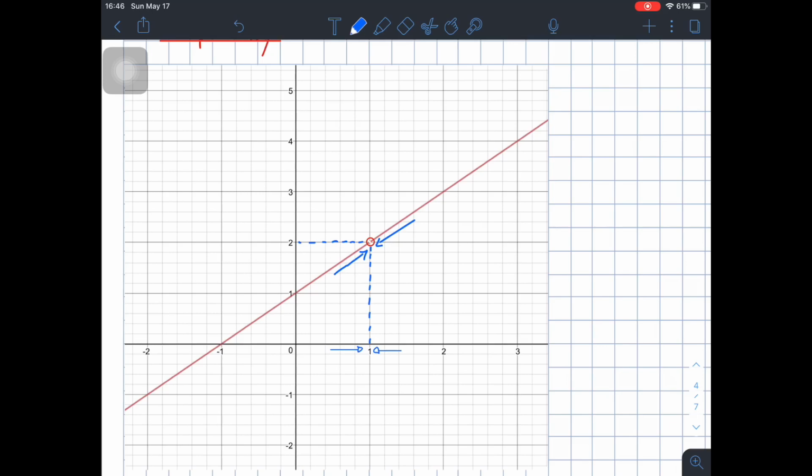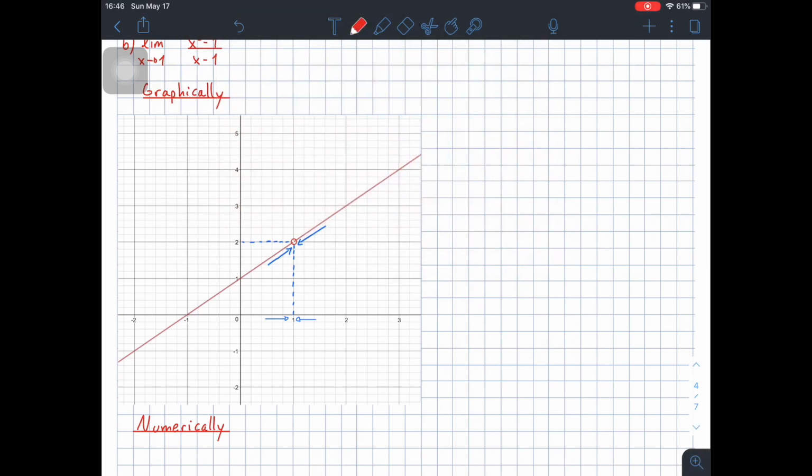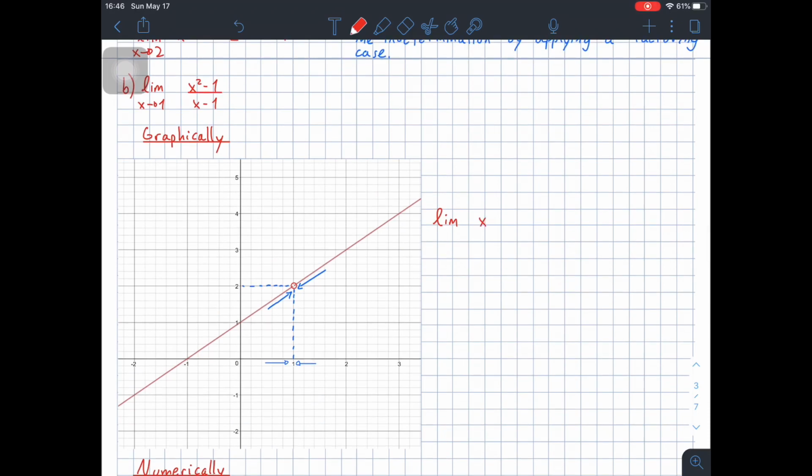Okay, so the limit actually does exist, and the limit is 2, right? So I'm going to write that here. We're going to say that the limit of this function, which is x squared minus 1 divided by x minus 1, when x tends to 1, is actually 2, right? We're approaching the same value from the left and from the right, okay?